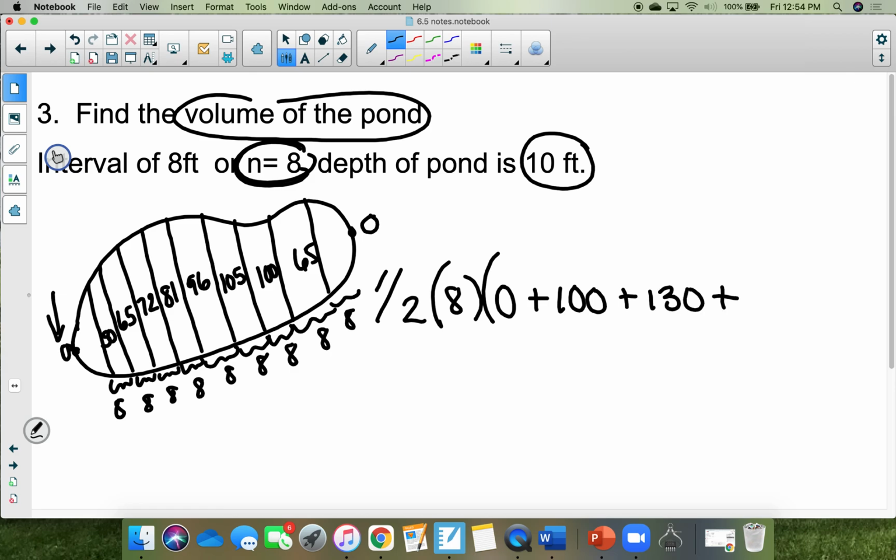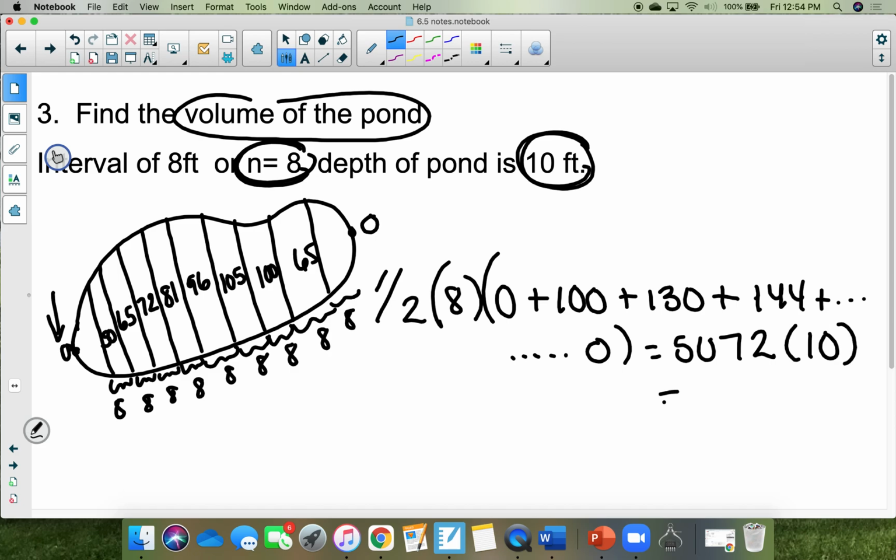There has to be 2 72s, which is 144, and you keep going all the way until there's only one 0 again, and you're going to get 5,072. But if you want the volume, you also have to multiply that by 10, which makes 50,720 cubic feet. So that would have gave you the area, but you have to multiply it by 10 to get the volume.